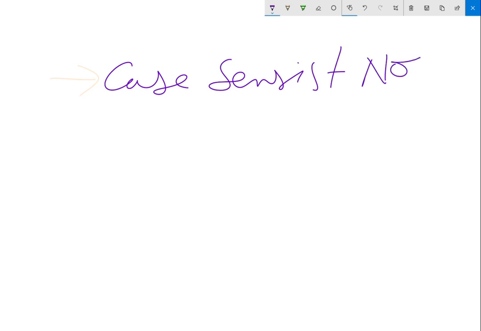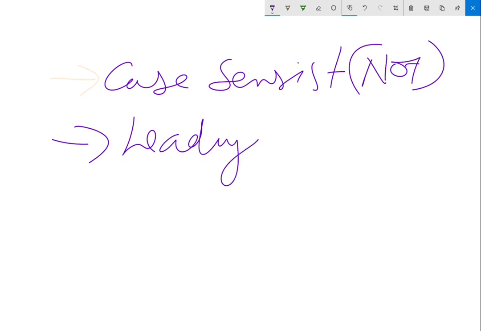Okay, so I repeat it again. There are 3 points which represent the structure of an IP version 6. One, it is not case sensitive. Second, you can omit leading zeros.